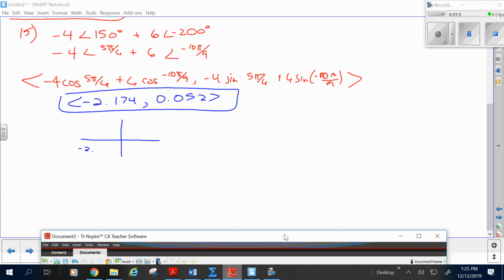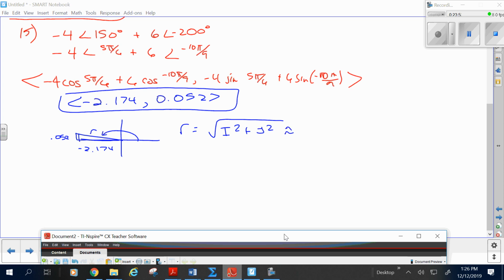It's saying the combination vector is left 2 and up just a wee smidge, 500ths. And I need to find r and theta now. R is Pythagorean theorem with your I squared and J squared.